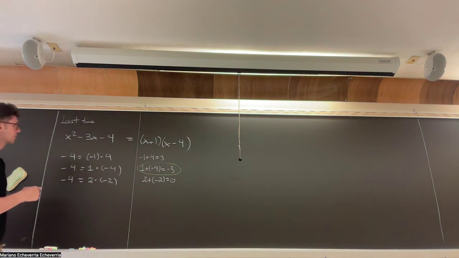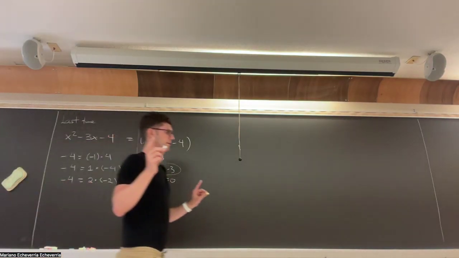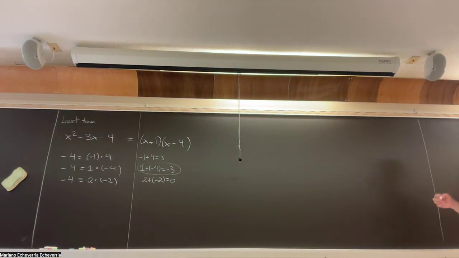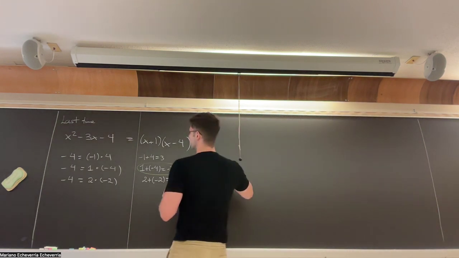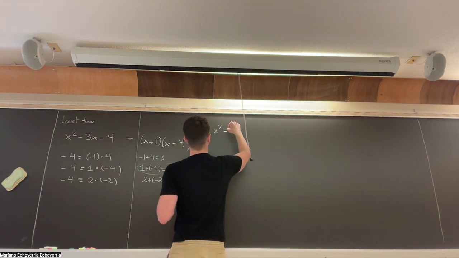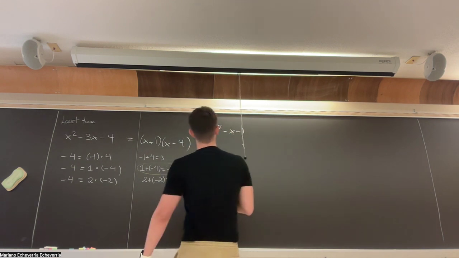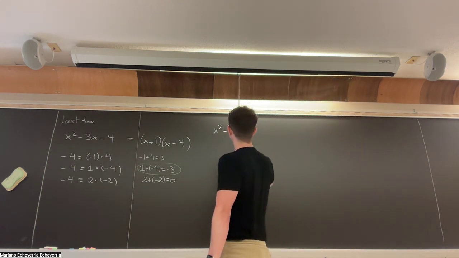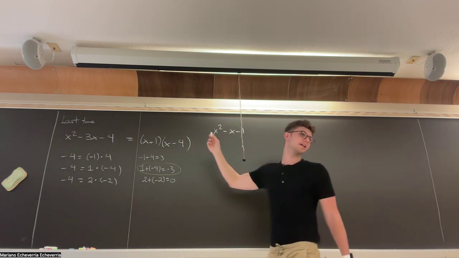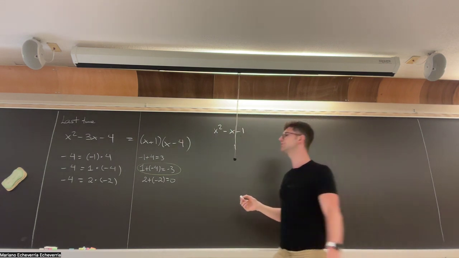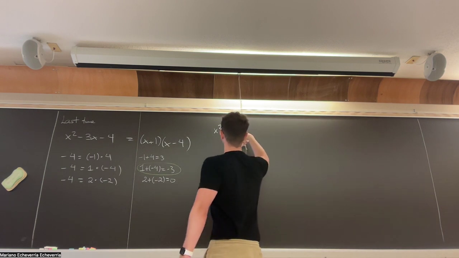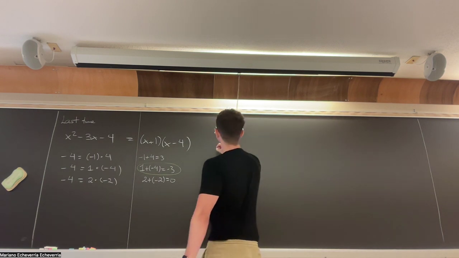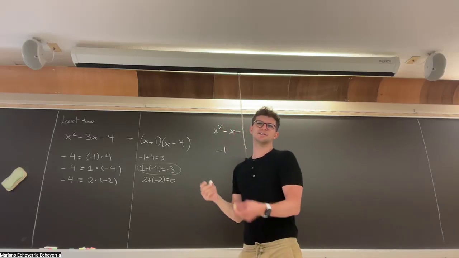Okay, so that is one option. But then there are more complicated cases where it's not super clear what to do. If you have an expression like this and you try to apply the same procedure, the coefficient is -1. So you have to ask how many ways you can write -1 as a product of two things.